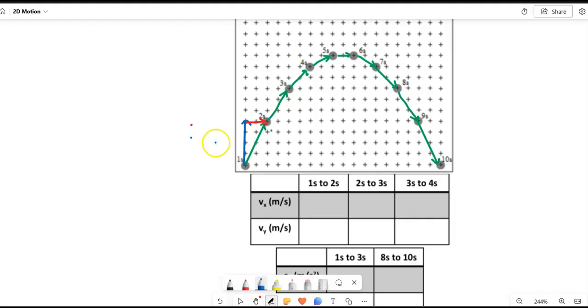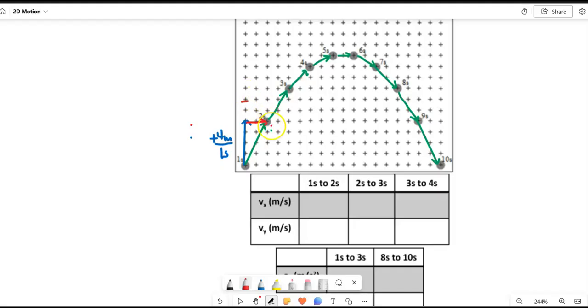So from 1 to 2 seconds, it had moved 1, 2, 3, 4, so positive 4 meters over the period of 2 seconds minus 1 second. Okay, and in the x direction, it moved 2 blocks in that same period of time. So positive 2 meters over 1 second.